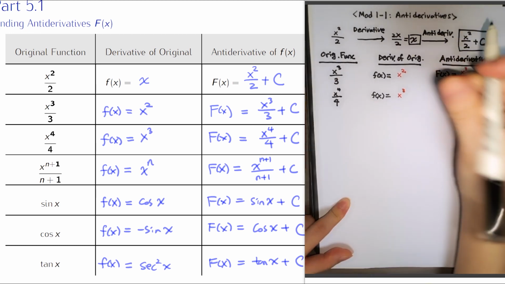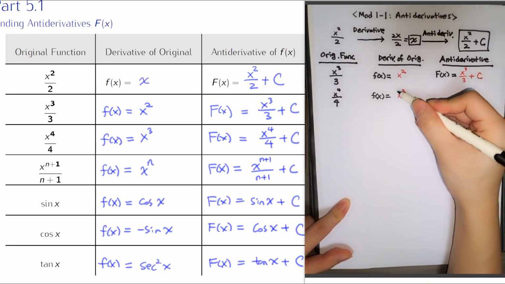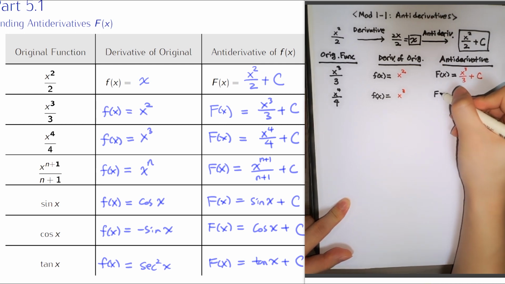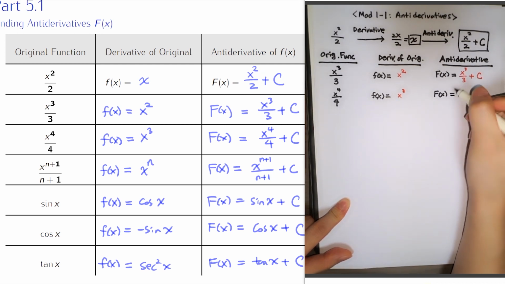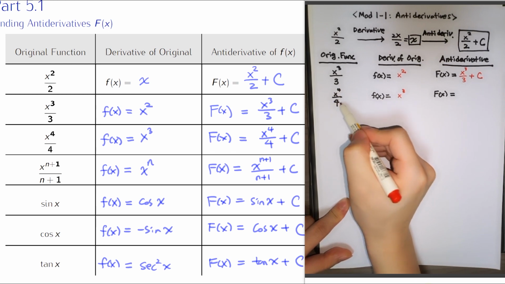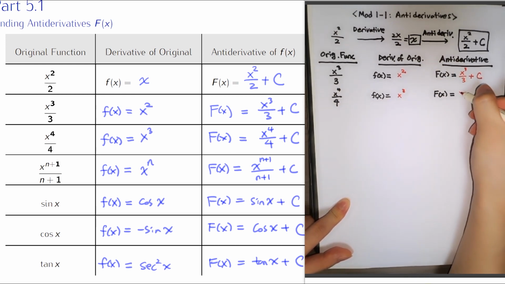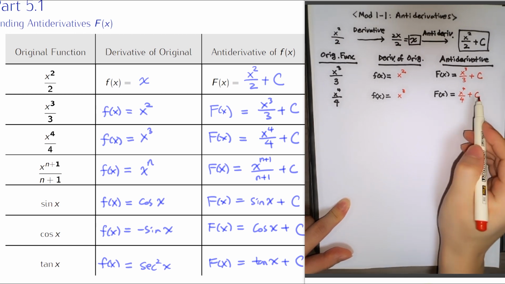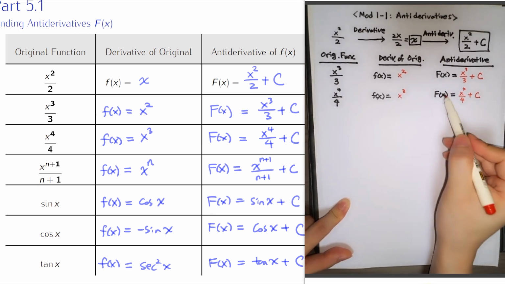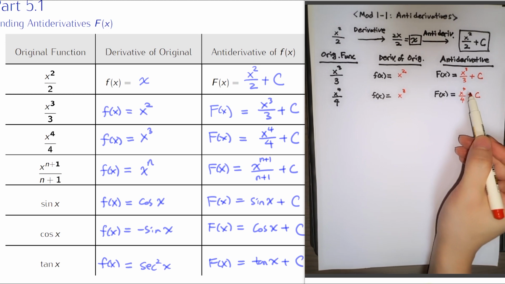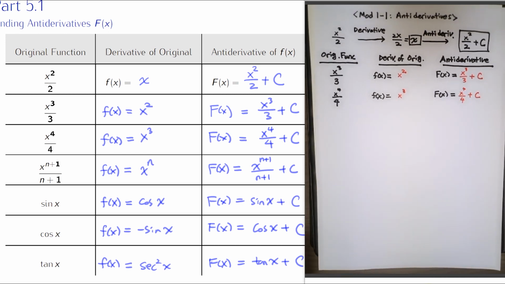So the antiderivative of this little f of x is equal to capital F, equals this original function, x to the power of 4 over 4 plus c. And you need to have c because this is the most general expression of the antiderivative of this function.